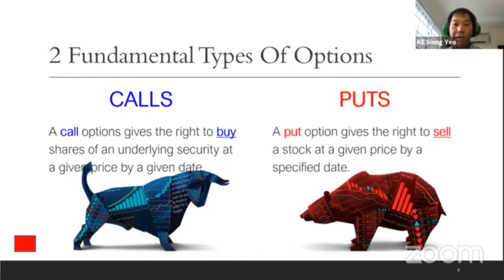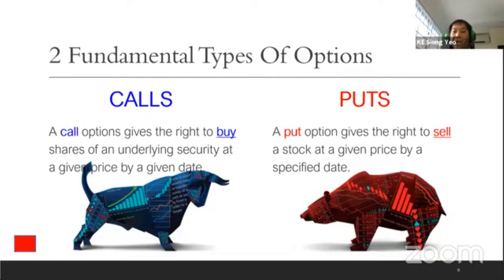If you're bearish about a particular stock, let's say for example Coca-Cola, if you have your own reasons for saying that you're not very confident that the Coca-Cola stock price will continue to increase, you can enter into a put contract that gives you the right to sell your Coca-Cola stocks at a certain date at a certain price.